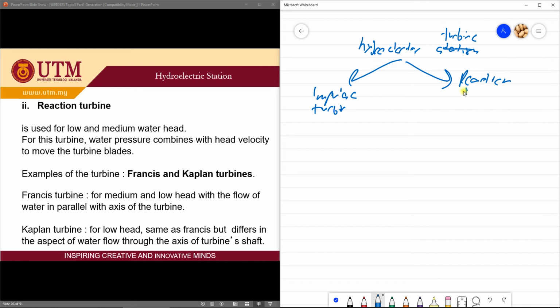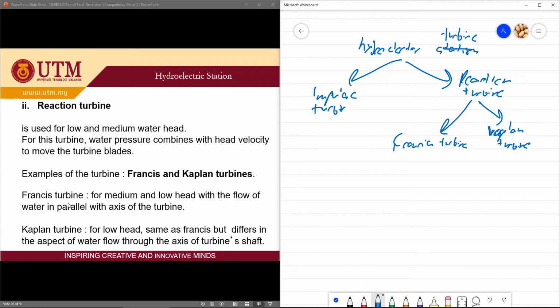There are many examples, but I only show you two. This one can either be the Francis turbine or the Kaplan turbine. So you have two types of reaction turbine.